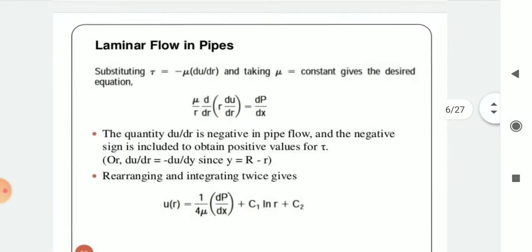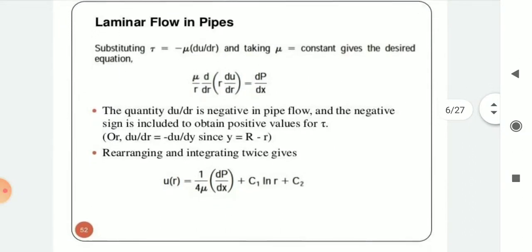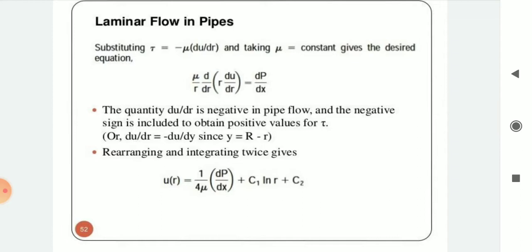Substituting τ equal to minus μ du/dr, and taking μ equal to constant, gives the desired (μ/r) d/dr (r du/dr) equal to dP/dx.